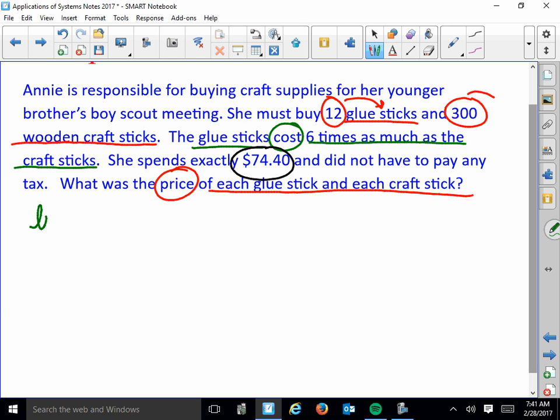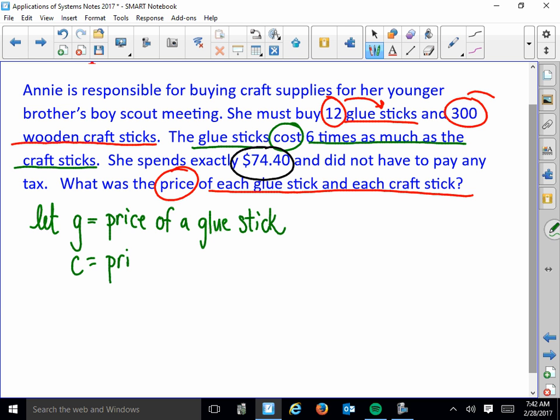So I'm going to set up my variables. I'm going to let G equal the price of a glue stick, and I am going to let C represent the price of a craft stick.